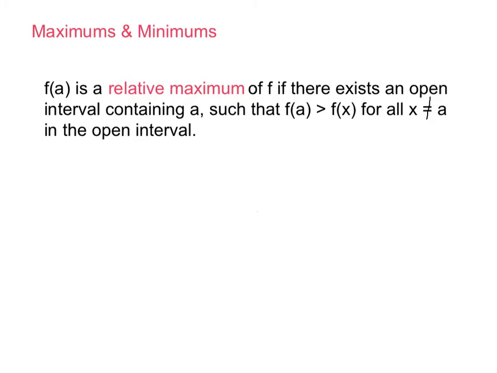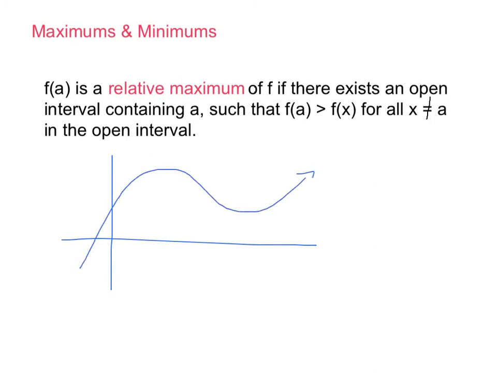So what we're talking about there is that we've got some graph. Let's just put this graph here. And we've got some open interval, we'll make those in red. There's some interval in here, and somewhere in here there is a value a.